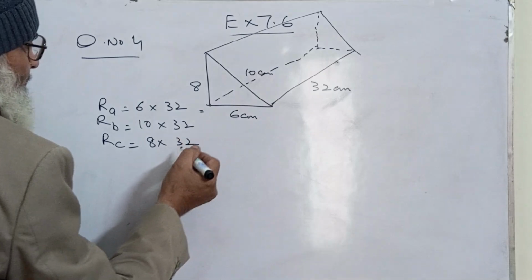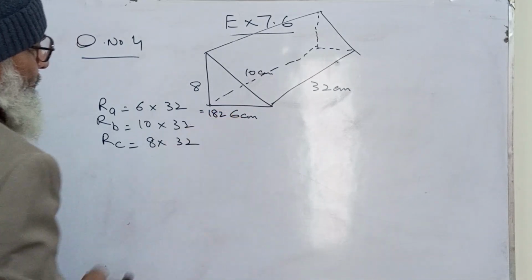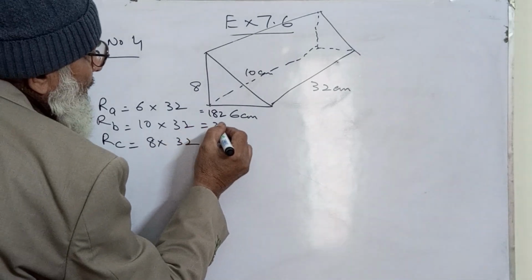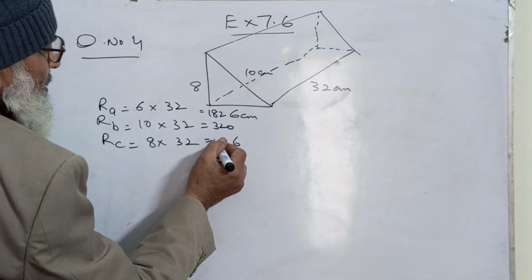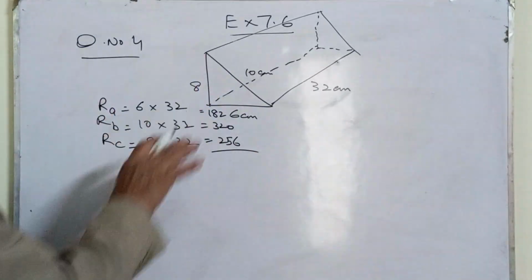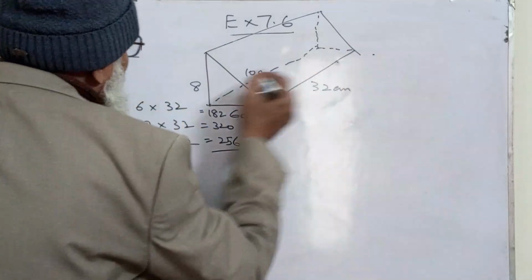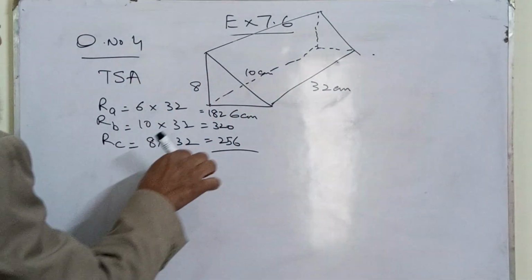Now it will become 192, it will become 320, it will become 256. Just add these if you have to find the total surface area, TSA, including lateral area.